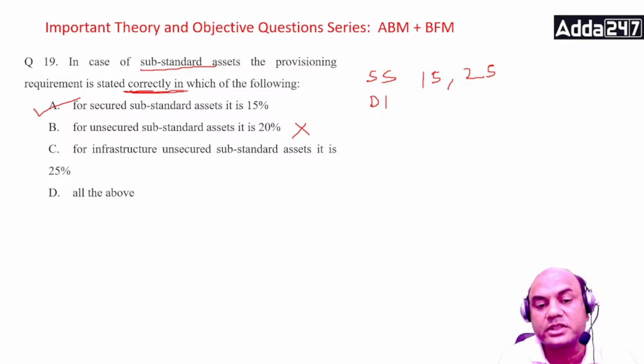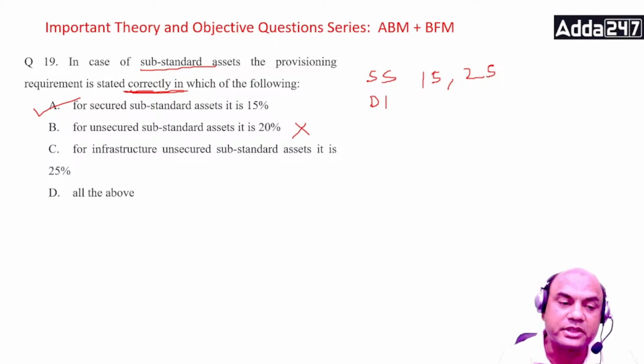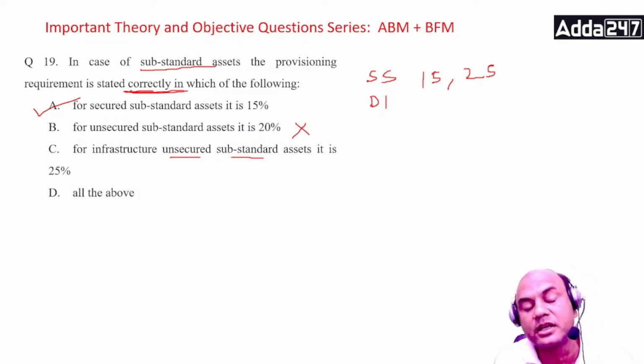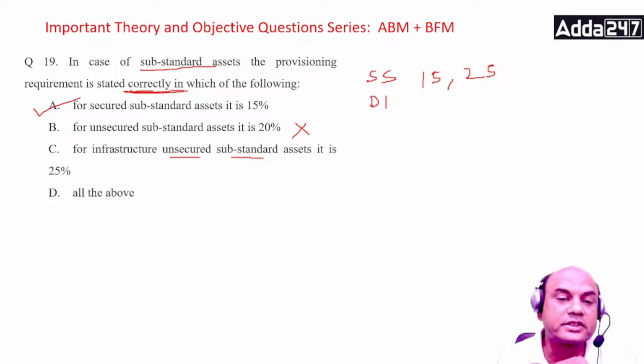Infrastructure unsecured substandard assets, it is 25%. Unsecured. Okay. Substandard. Infrastructure unsecured. So that is reduced now by RBI. So that is not 25%. Got it? So the only correct answer over here is A. Because for infrastructure related, what is the provision for infrastructure related unsecured substandard assets?